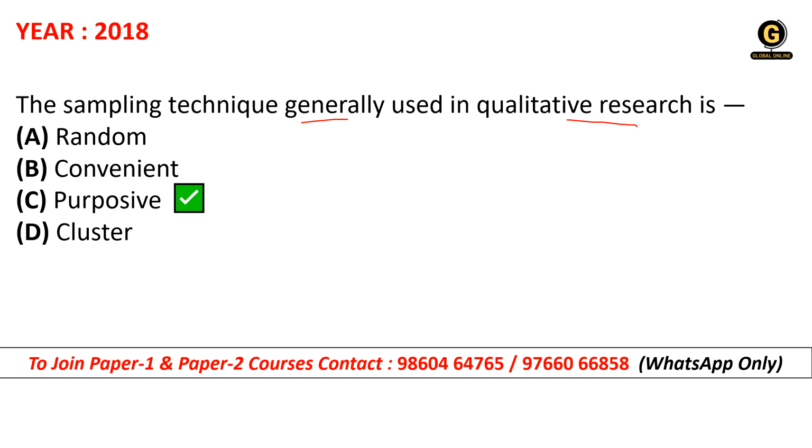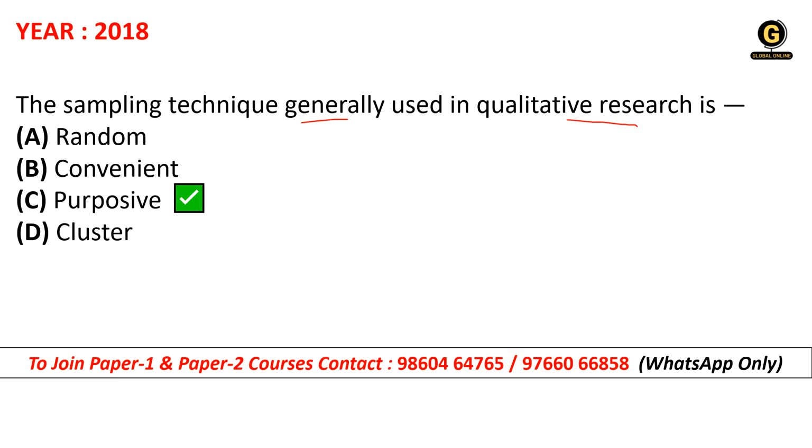So qualitative research mainly focuses on the depth and meaning, right, not the representativeness. So basically qualitative research needs purposive sampling because it gives the rich information which is necessary in the research. Random sampling is mostly used in quantitative research, to ensure unbiasedness.